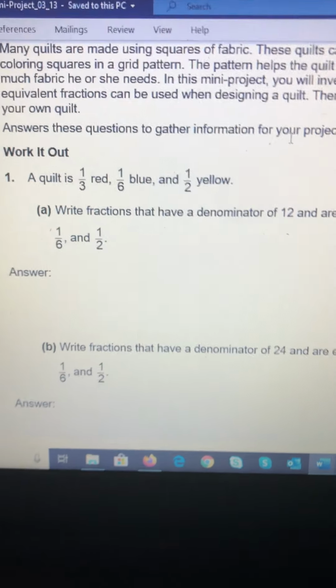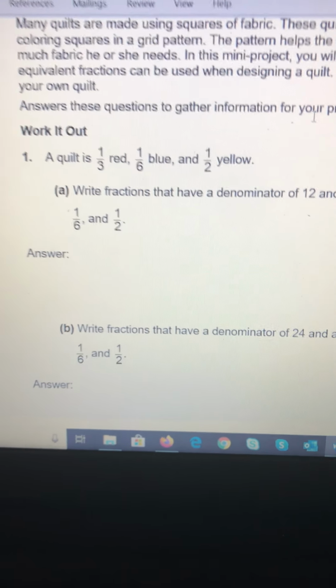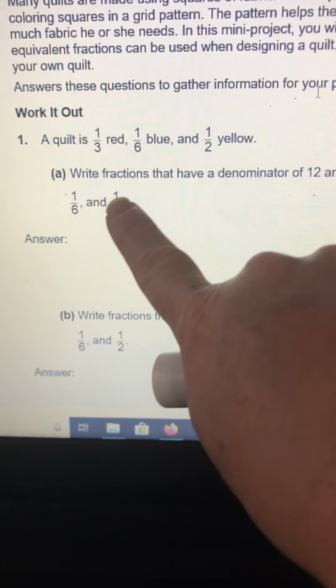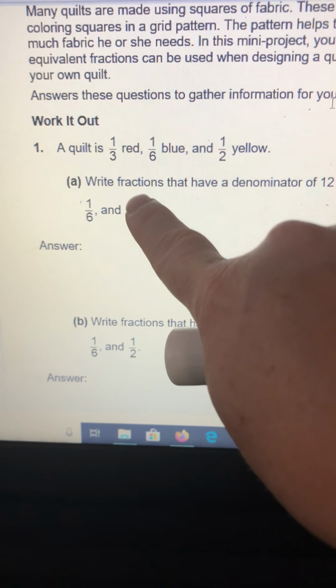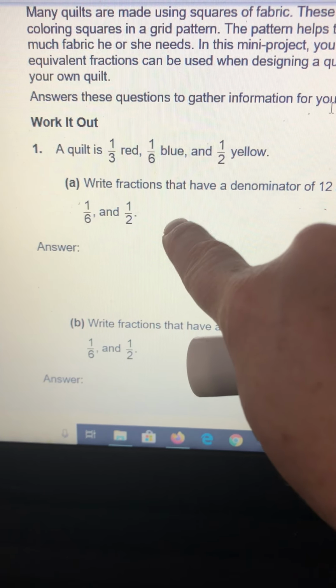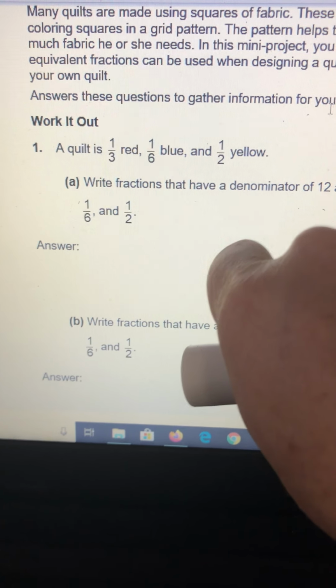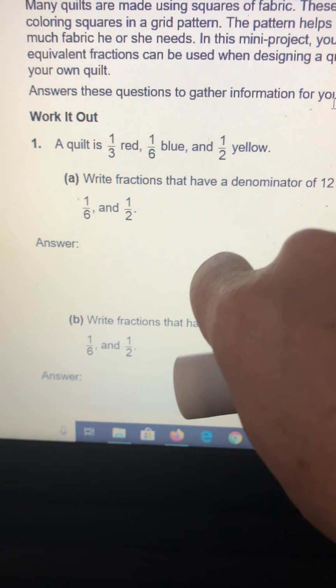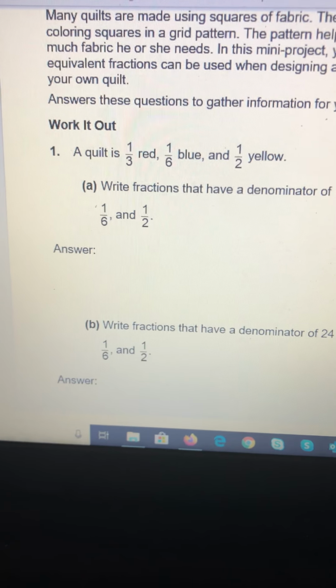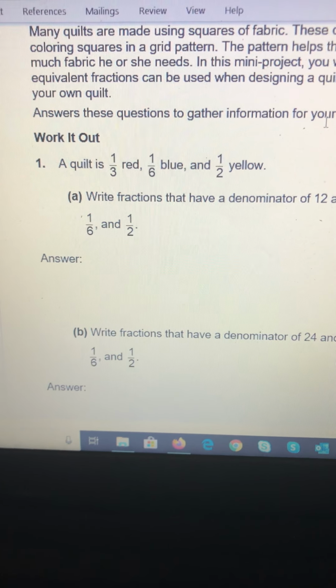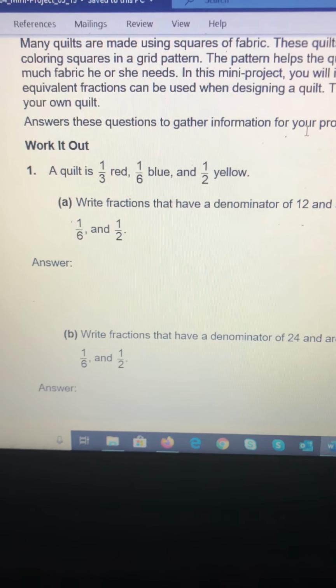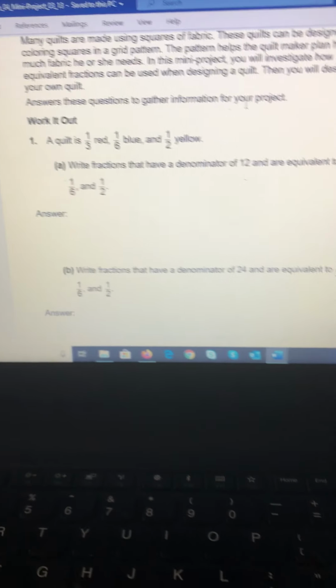Go ahead and do the same thing for 1/6 and 1/2. You're going to write 1/6, make an equal sign, put your denominator of 12ths, and see if you can figure out 6 times what equals 12, and then multiply your numerator by that same number. Do the same for 1/2, okay?